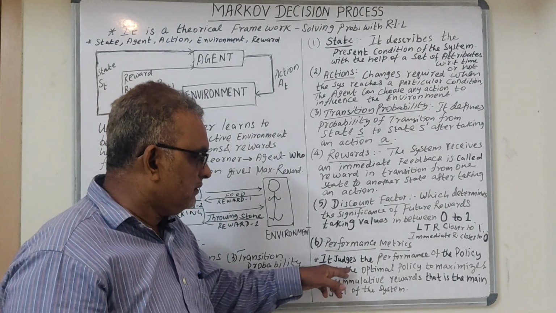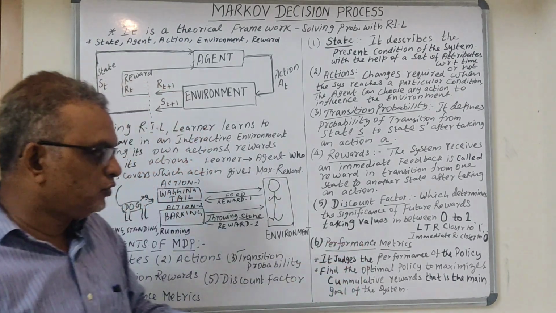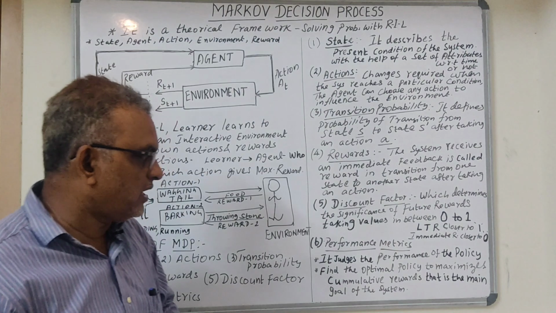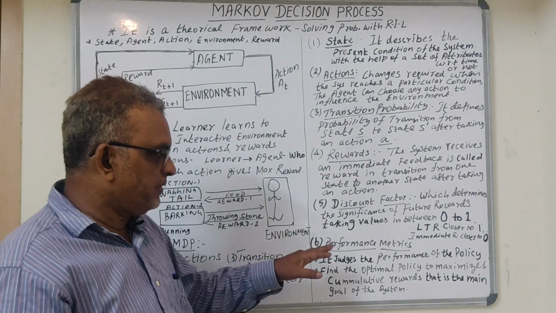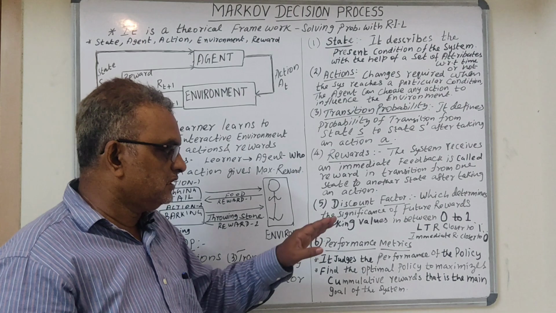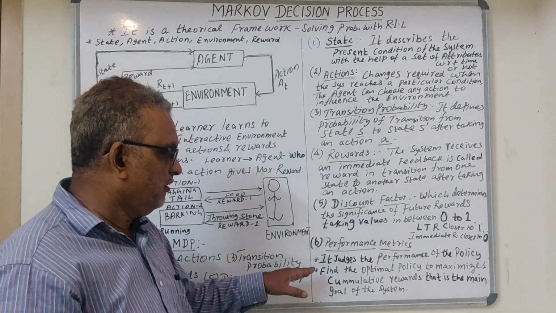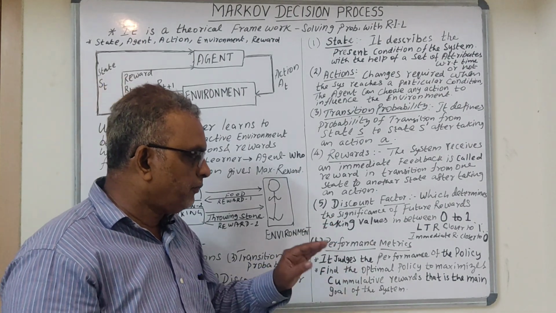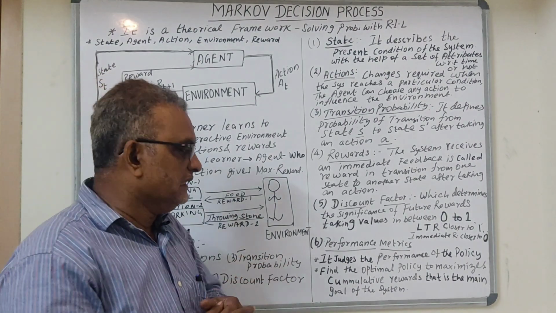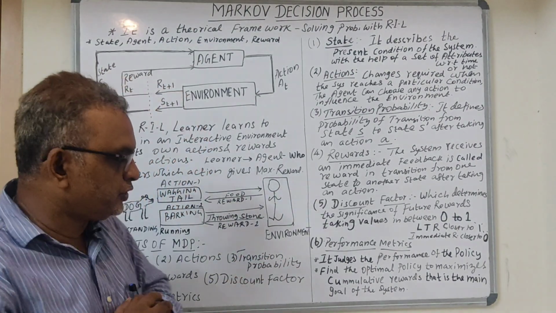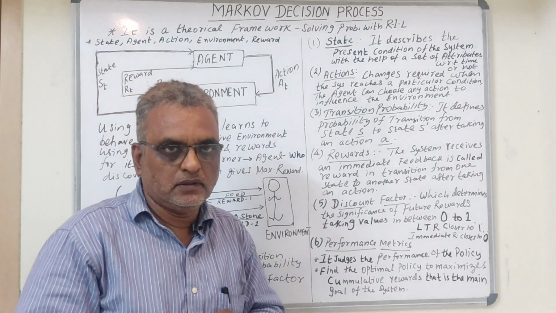So find the optimal policy to maximize the cumulative rewards. That is the main goal of the system. The performance metrics judge the performance of the policy. Find the optimal policy to maximize the cumulative rewards. That is the main objective of the system.